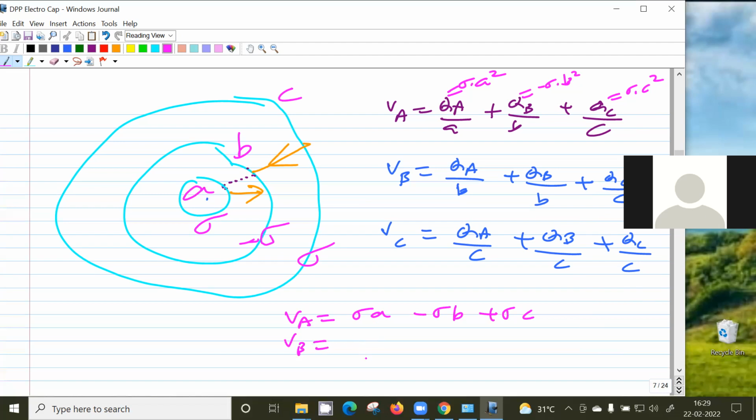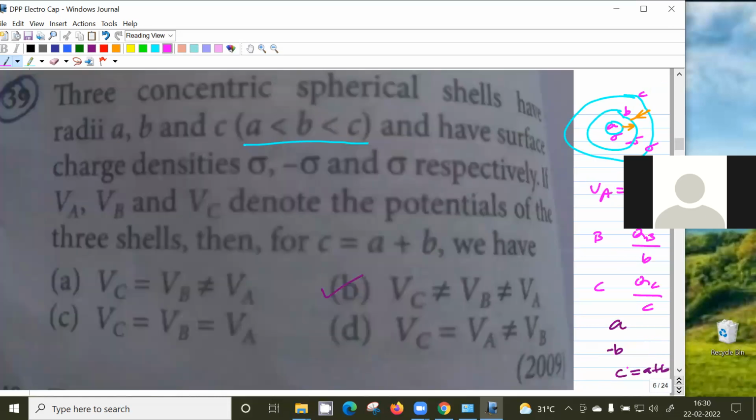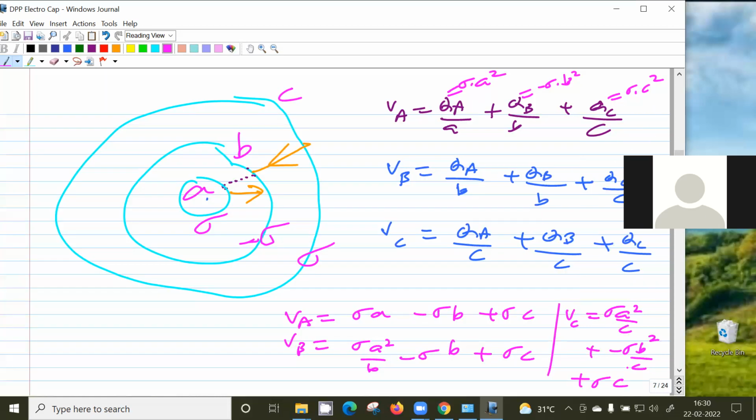And VB: QA is sigma A square by B minus sigma B, QC is sigma C. And then VC: QA is sigma A square by C, QB is minus sigma B square by C, plus sigma C. So you have VA, VB, VC, and he has given the relation that A plus B is C.